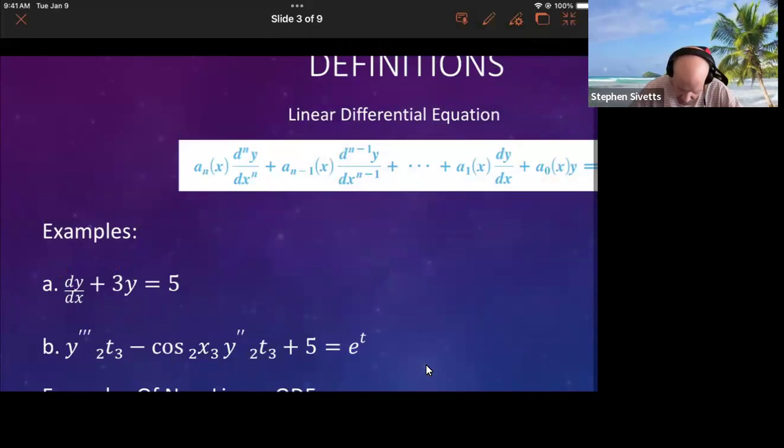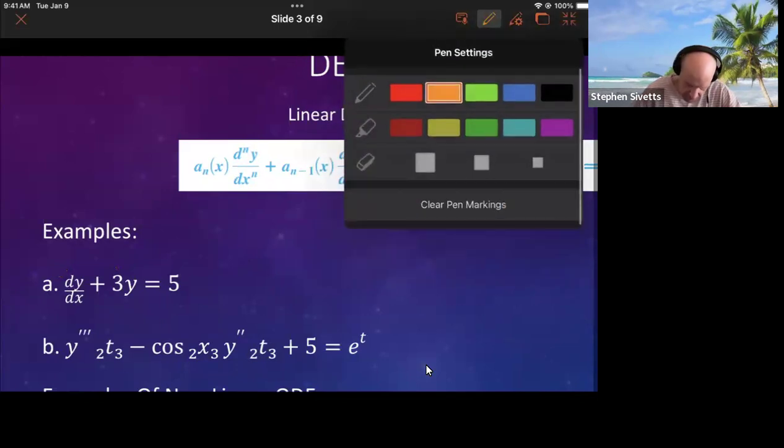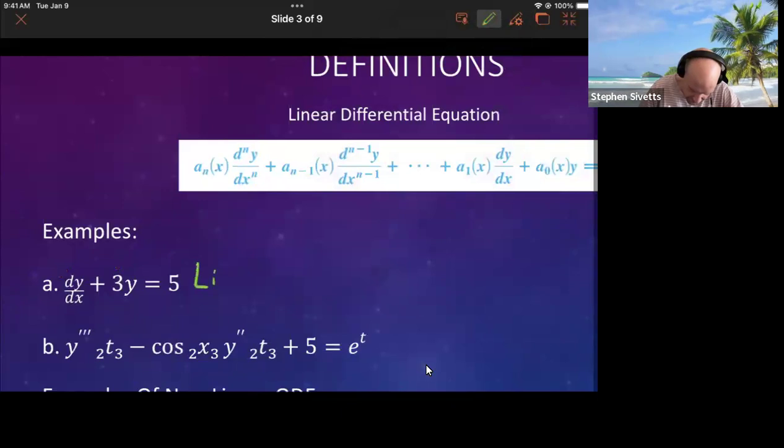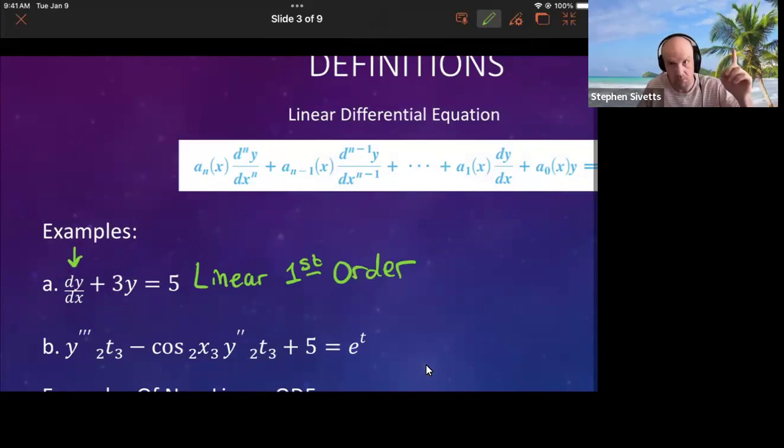So clearly part A is a linear differential equation. It's a linear first order, because the highest derivative in part A is only one derivative, y prime of x.